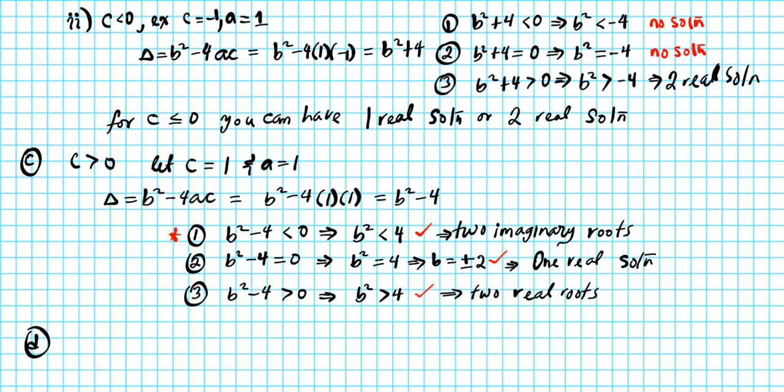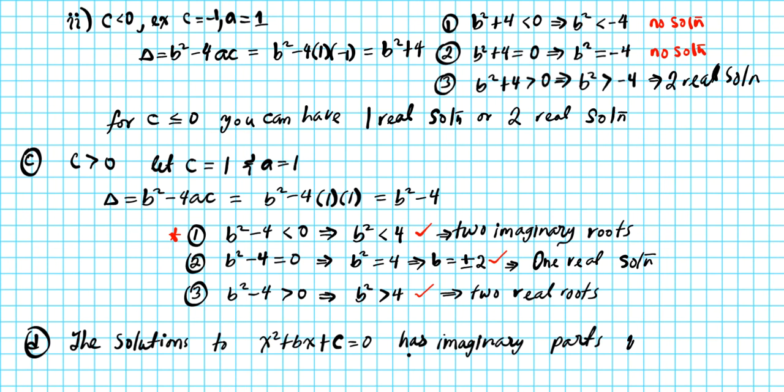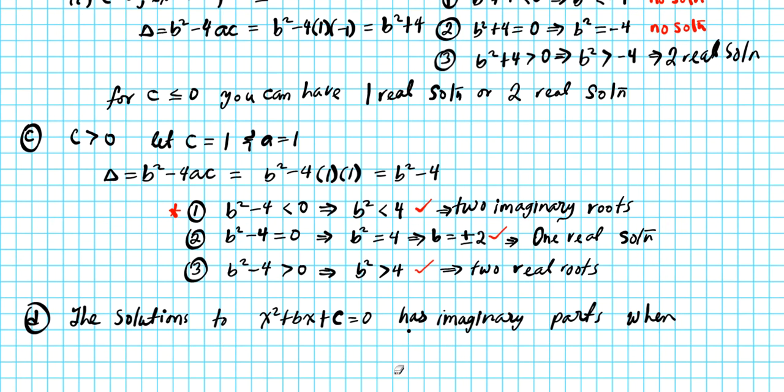Alright, so let's go ahead and write it down. So the solutions to the original quadratic equation x squared plus bx plus c equals 0 can have imaginary parts, not automatic, special conditions apply.